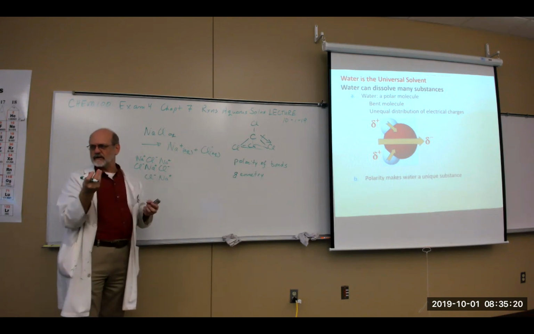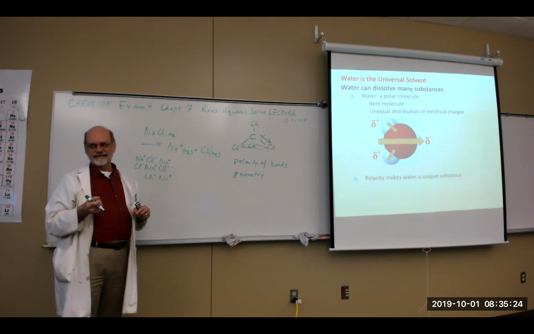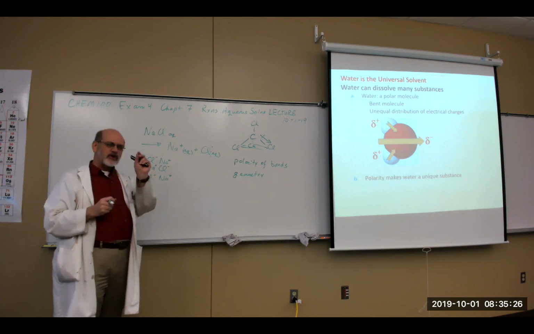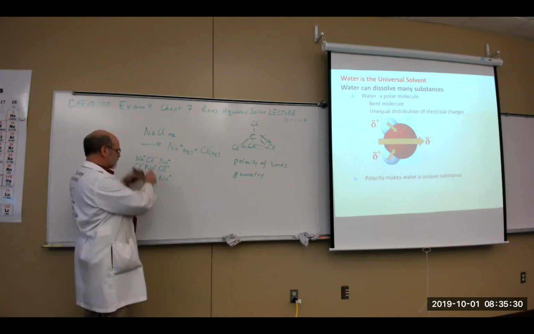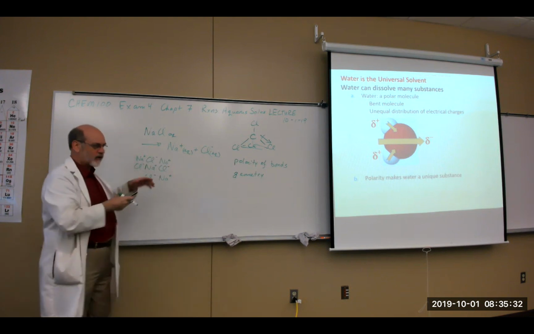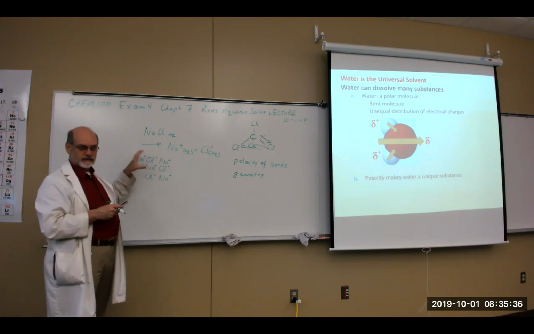Have you ever looked at spilled salt on the table and looked at it with a magnifying glass? No? It forms little cubes, little tiny cubes. And these cubes are the regular arrangement of sodium and chlorine ions in that matrix.